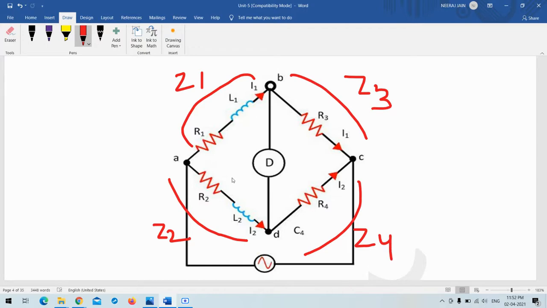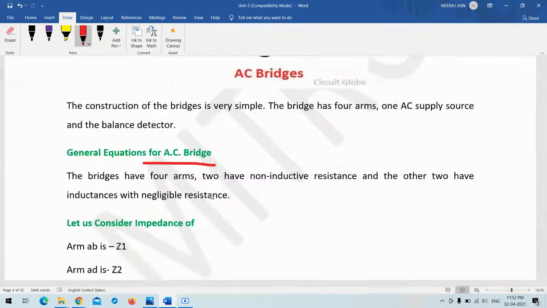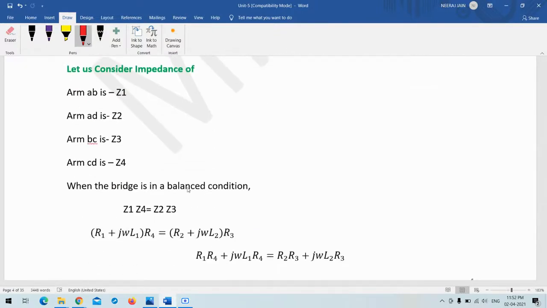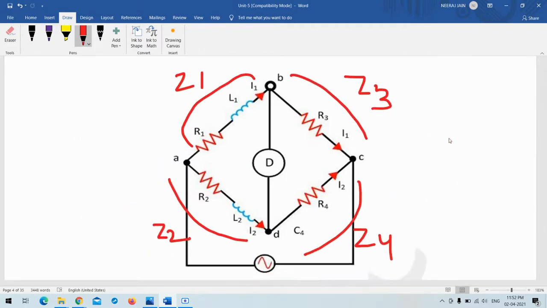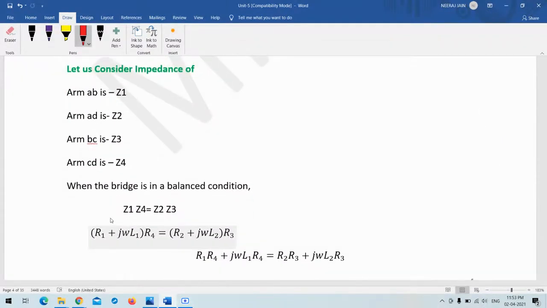These are the four impedances. Under balance condition, Z1 Z4 will be equal to Z2 Z3, or we can write Z1 upon Z2 is equal to Z3 upon Z4. That is the balance condition. So under balance condition, Z1 Z4 is equal to Z2 Z3, as shown here.